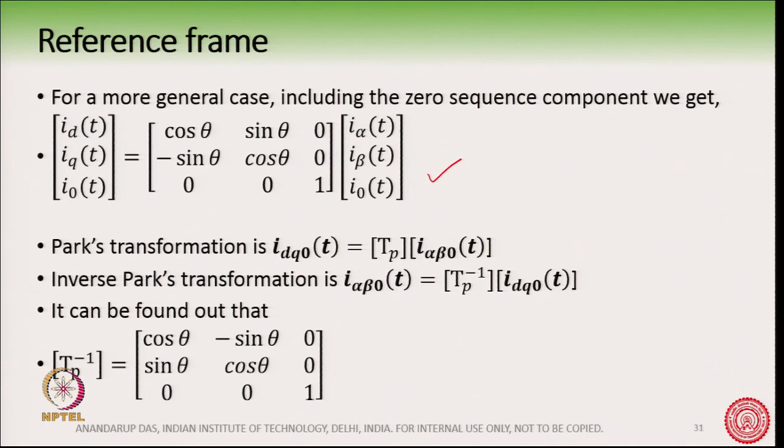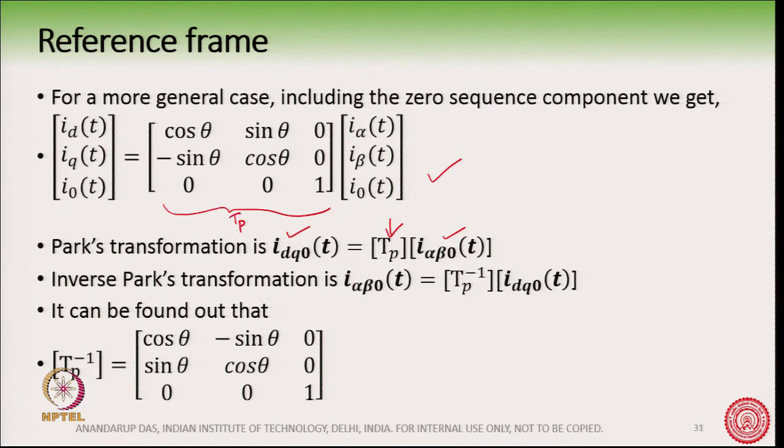This matrix will transfer the variables in the alpha beta 0 plane to the dq0 plane, and this is the Park transformation matrix. So, Tp is the Park transformation. It converts from alpha beta to dq.